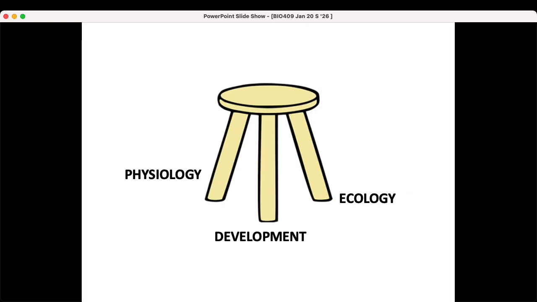If you ask the other biology professors here, there, or anywhere what the three legs are, almost all of them would say, well, one leg is evolution. And that's wrong, and that's one reason for talking about the table, because evolution is the table. It's impossible to point to an example in biology that's not entirely about evolution. And that's because evolution is both a process and a pattern or product.